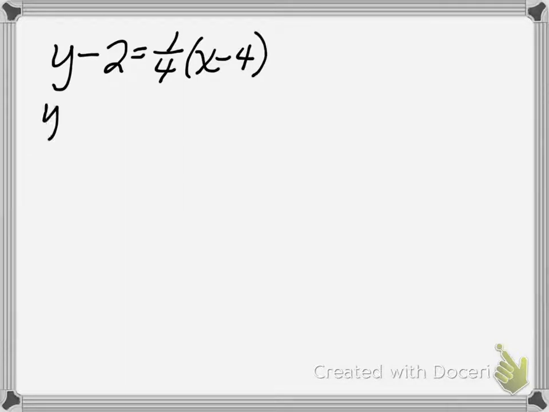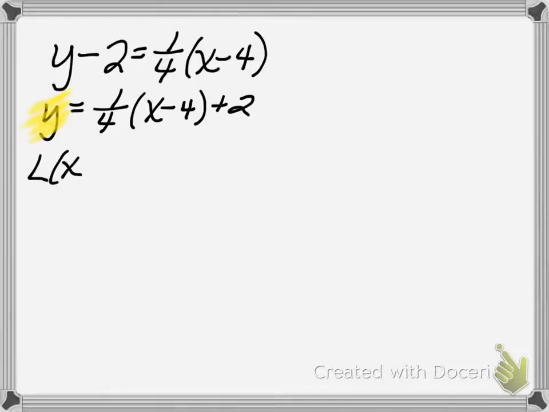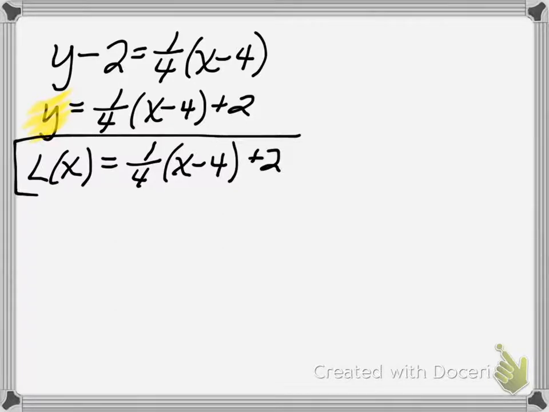And if we add 2 to both sides, we'll get y is equal to 1/4 times the quantity x minus 4 plus 2. And again, if you want to interchange that y for L of x to match what you might see in the textbook, you can do that. And what we have here is what we call the linearization for the function square root of x at a equals 4.